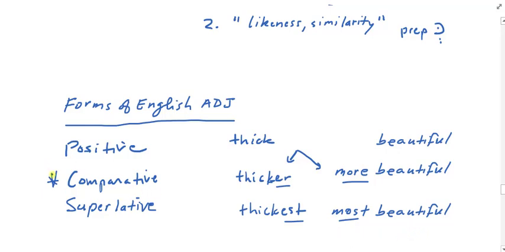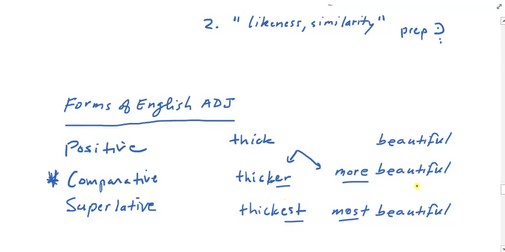Now, we're dealing with the comparative use of the adjective here, so we're going to focus on these two. But let me just make one comment about English. Why do we have these two different forms? Or maybe better put, when do we use one versus the other? The basic rule of thumb is that if your adjective is one or two syllables, you add ER to make it comparative. So thick, thicker, tall, taller.